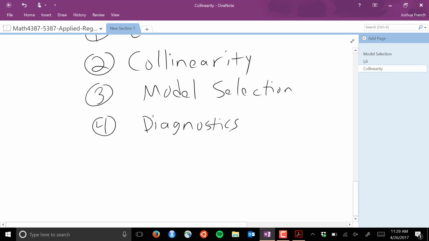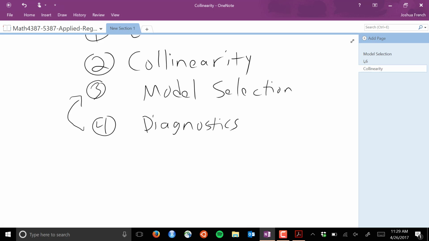And if the diagnostics are not met, then you may need to go back to step 3. Because sometimes the diagnostics suggest transformations of your response or of some of your predictors to compute new regressors. And if you do that, that's going to influence the model selection process. And so after you do your diagnostics, a lot of times you're actually going to go back to the model selection process and come up with a different model.